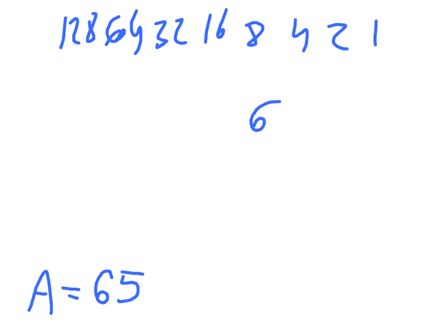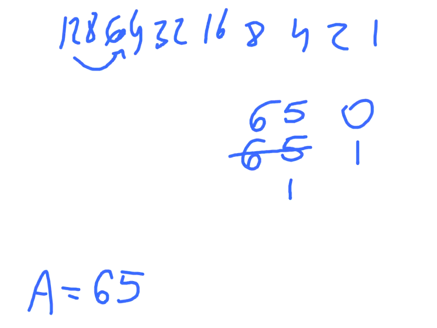What we do is take 65 and ask, does 128 go into 65? No. And you write down 65 again. You go to the next power of 2, so you're going backwards. Does 64 go into 65? Yes, one time. Then you subtract, and you write down the remainder. And then you keep going backwards.